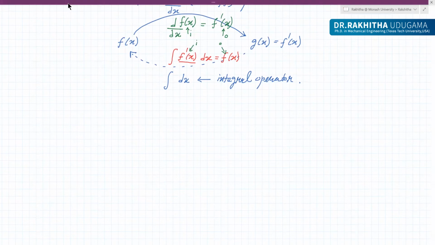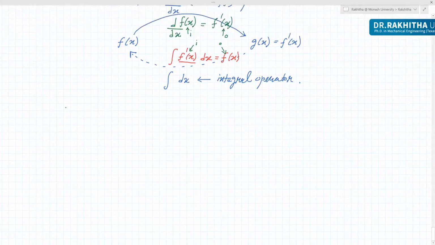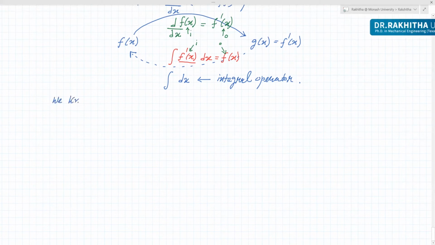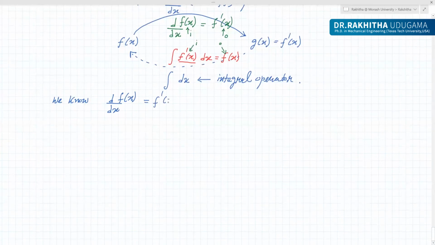Now, again, I'm going to rewrite this one to show you something. So we know that d/dx of f(x) is f dash x. So this is differentiation.